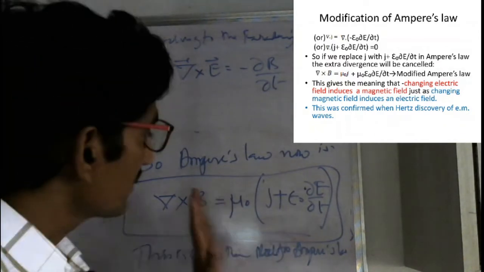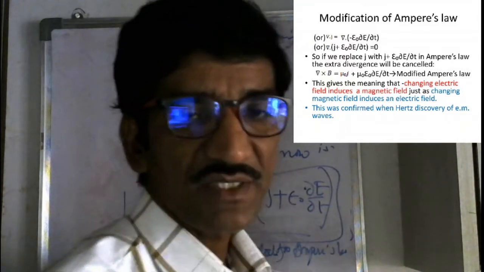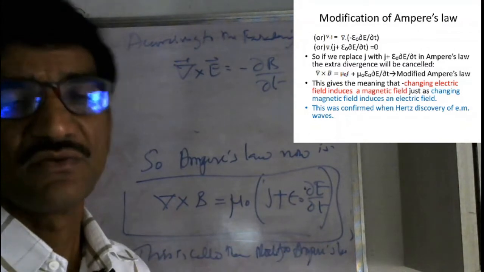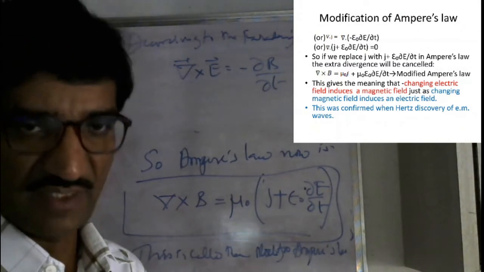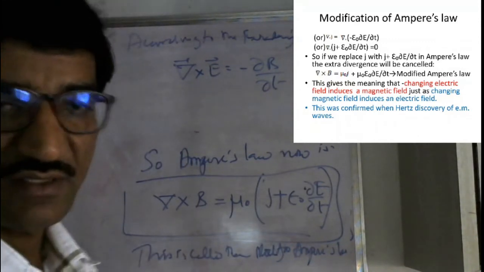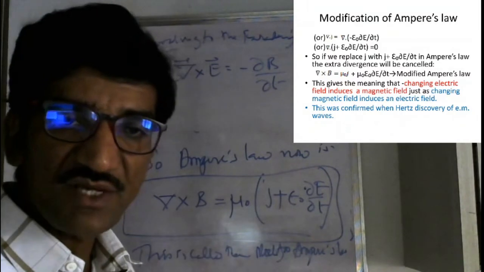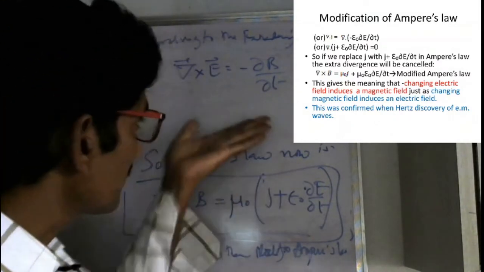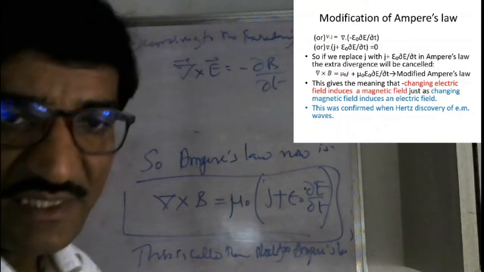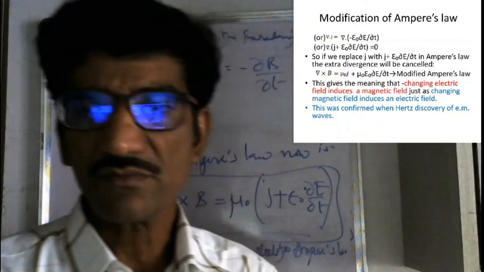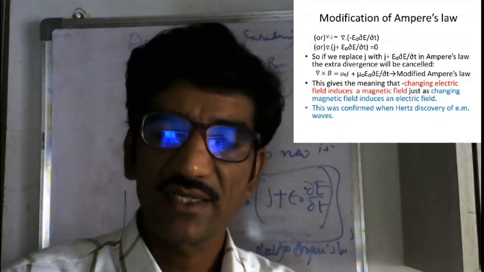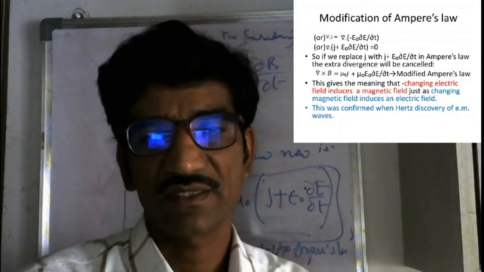So, this fixing of Ampere's law, modifying the Ampere's law, is very fundamental, at the level of Faraday's invention. This is Maxwell's invention. This is a theoretical invention, and that was a practical based invention. Okay, with this, logically the theory of electromagnetic induction completes.